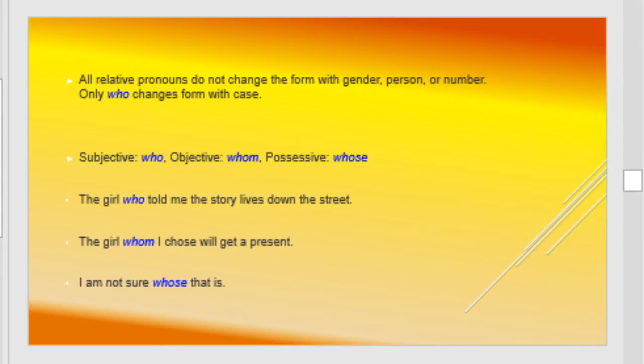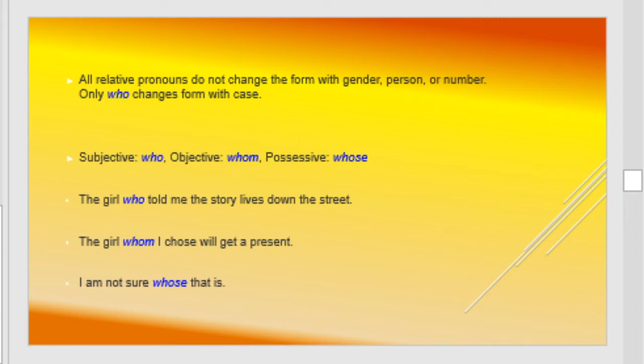Next, all relative pronouns do not change form with gender, person, or number. Only who changes with case, because who is a subject and we cannot use it for the object. So for the object we use whom, and for possession we use whose.